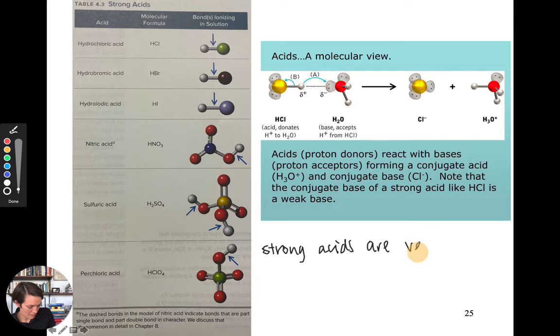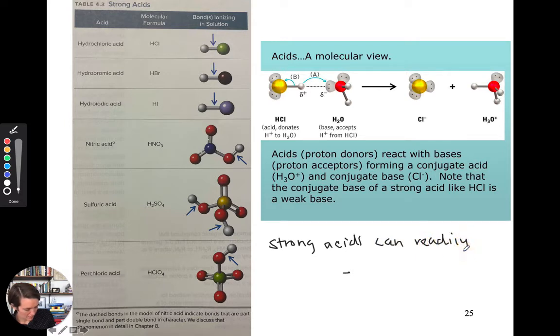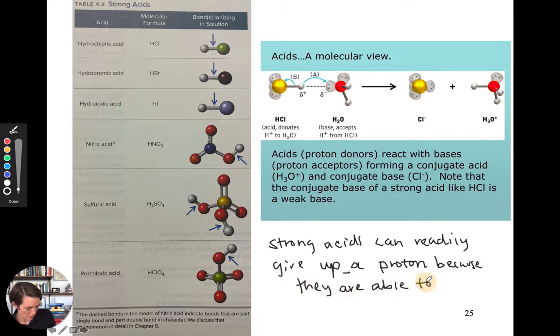So strong acids can readily give up a proton because they are able to stabilize a negative charge.